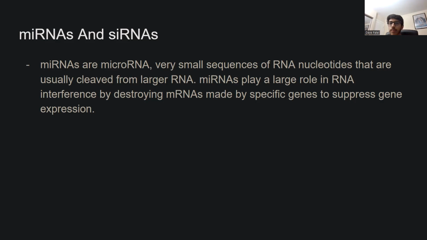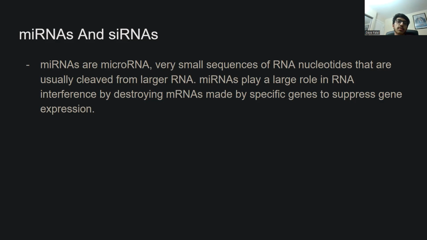So miRNAs, or microRNAs, play a large role in RNA interference by destroying messenger RNAs made by specific genes to suppress gene expression. So to make that a little bit easier to understand, the microRNAs can often destroy, or at least significantly destroy, the messenger RNAs that are coded for by certain genes.